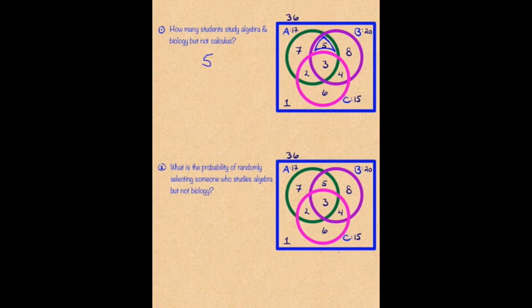How about this? The probability, and we've just learned about this from Kylie. What is the probability, if you were to randomly select a student, who studies algebra but not biology? So that portion of people is this right here, 7 and 2.